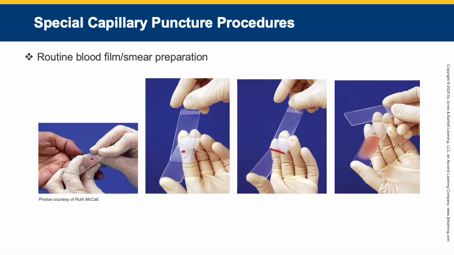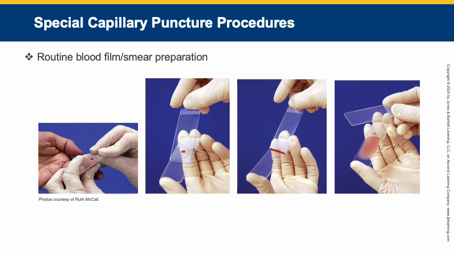Routine blood smear. This is a picture of what has happened. It is required sometimes to perform a manual differential, which is a test where the number, type, and characteristics of blood cells are determined by examining a stained blood smear under a microscope. Two smears are normally prepared and submitted for testing.